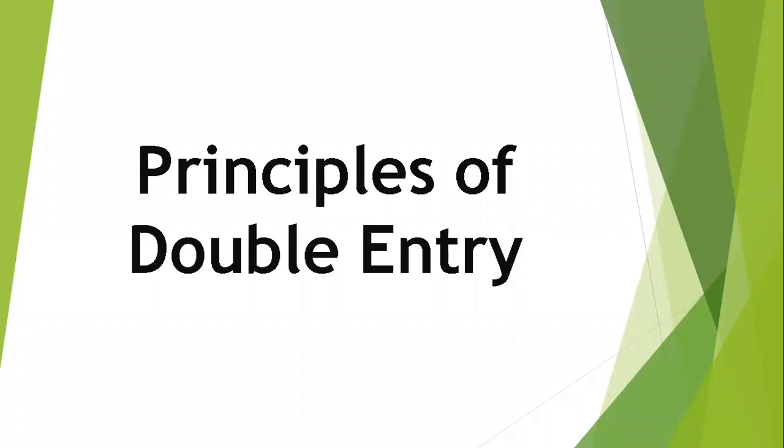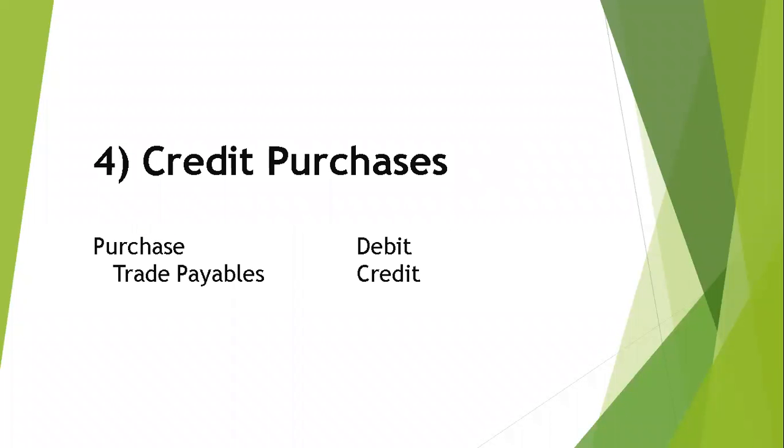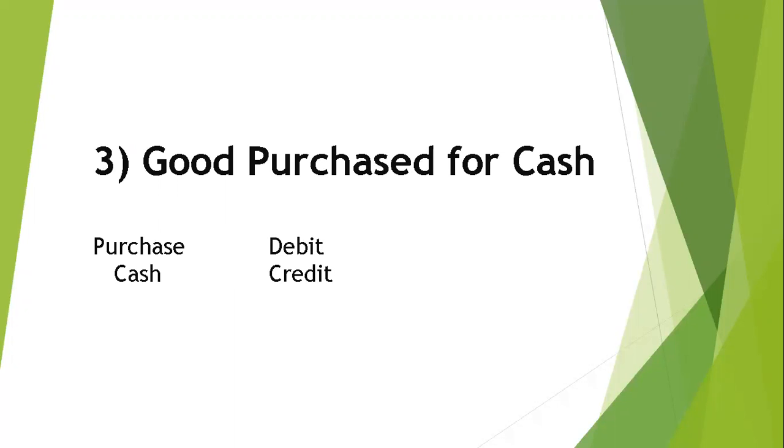In the first part, we discussed double entry and went through 3 examples. In this part, we are going to discuss credit purchases. In the third example, we purchased for cash.